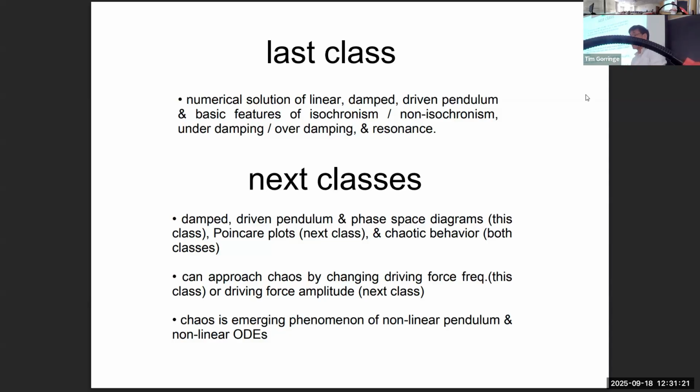So that's isochronism. Non-isochronism is the fact that the period, the natural frequency of the pendulum, is not constant, not independent of the amplitude of the oscillations or the mass of the pendulum, if the oscillations are large. So that was one really important feature of the pendulum.